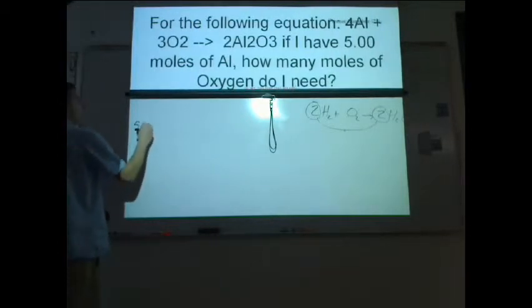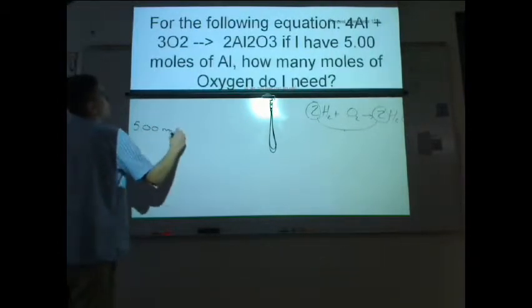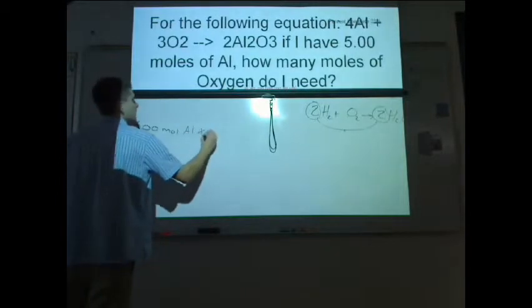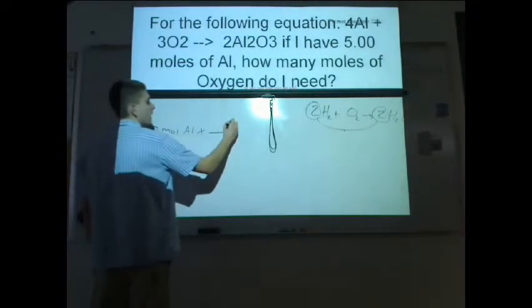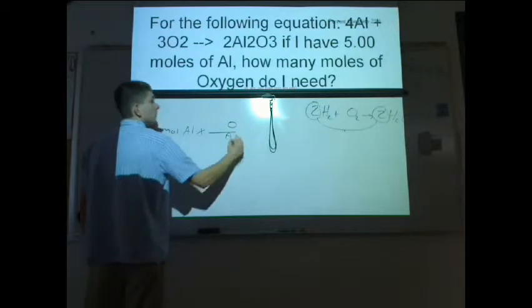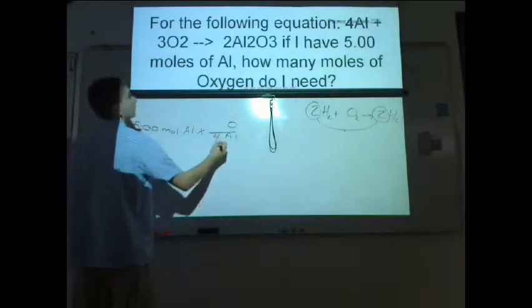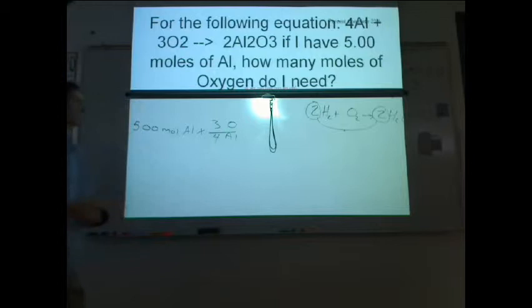You have 5.00 moles of aluminum times in a line. You're trying to get to oxygen from aluminum. You know there's 4 aluminum for every 3 oxygen. So just 5 times 3 is 15 divided by 4 is 3.75.